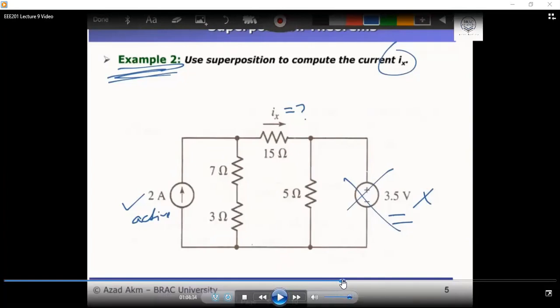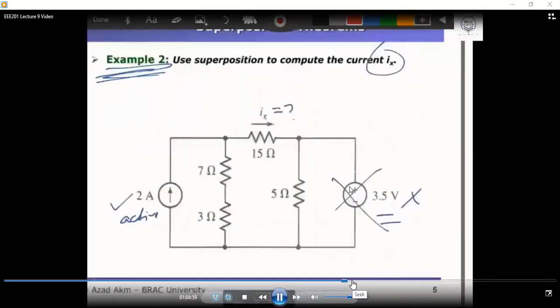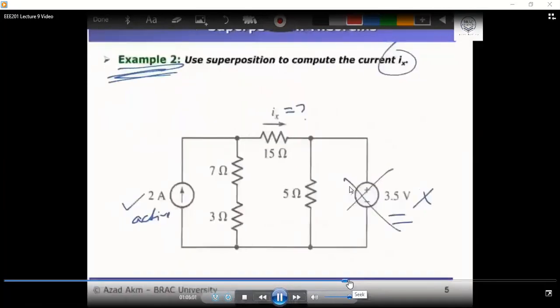If you look, the circuit should look like this. The other experiment will be with this one active and the other deactivated. That means plus minus 3.5 volt.